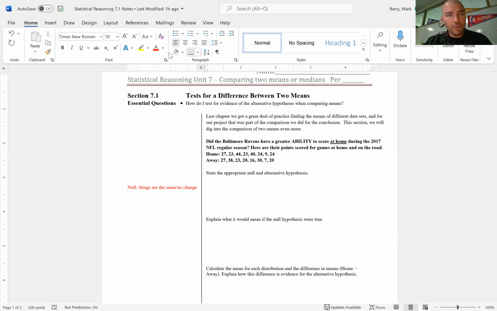So my null hypothesis is always going to be not that. It's going to be that these things are kind of the same. So I'm going to say for my null hypothesis here, the Ravens had the same ability to win at home as on the road or as away.